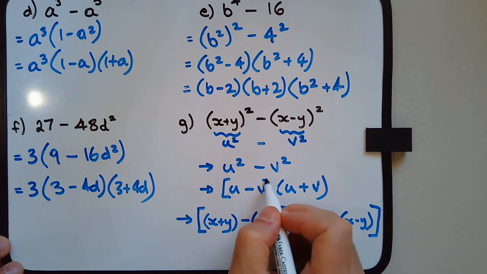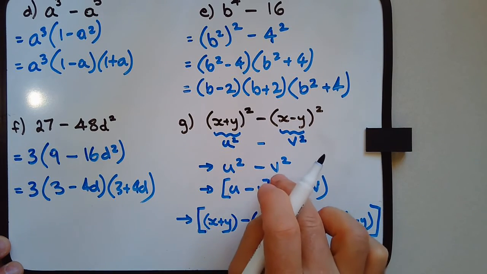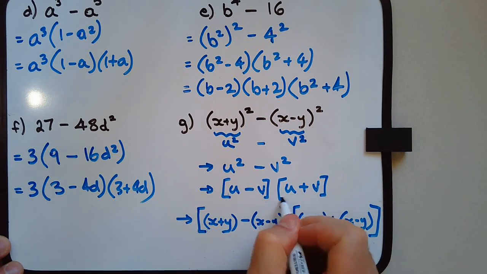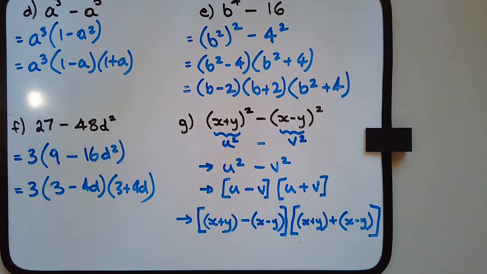I'm spending a bit of time on this because I really want you to see it. It's something we're going to use in Advanced or Extension Maths next year. It's going to be so handy and such a powerful method in algebra. So the square brackets here: there's your u, there's your v, there's your u, there's your v.